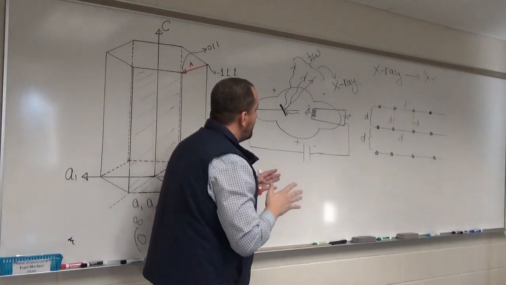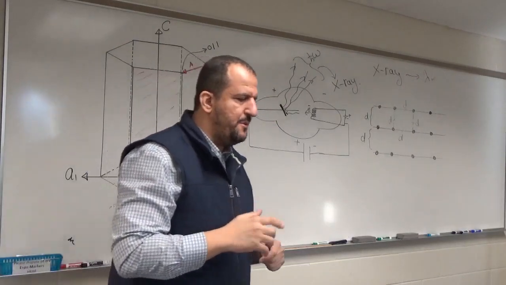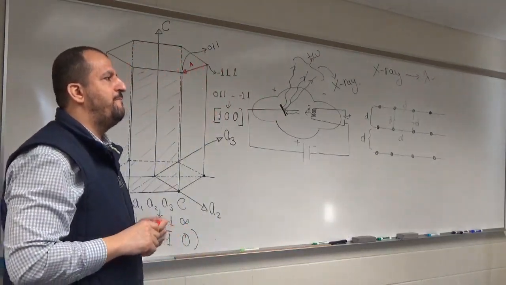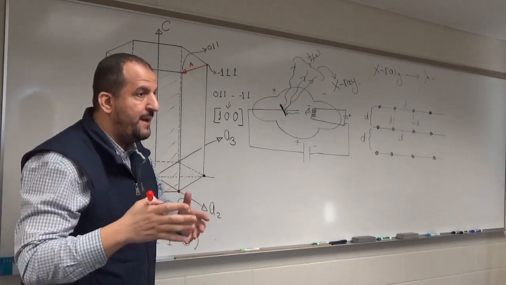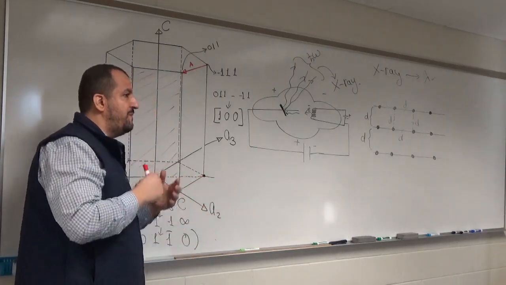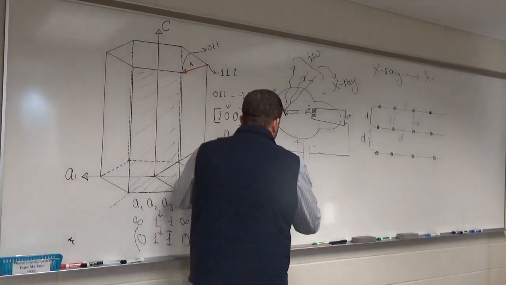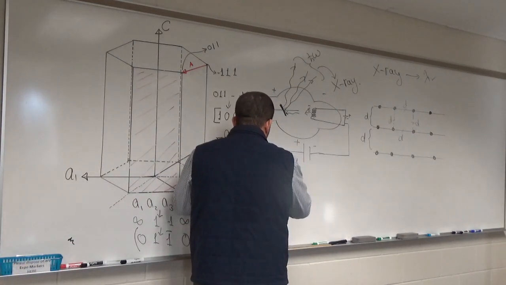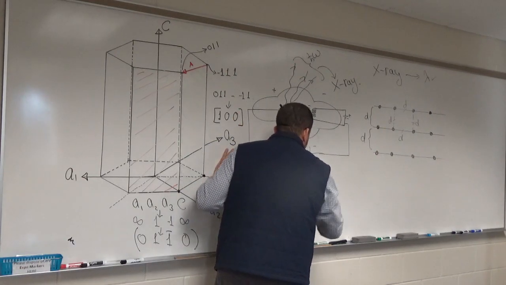Before I explain that to you guys, it's a good idea to explain what we mean if we have two waves in phase and two waves out of phase. What does that mean? Normally when we draw the wave, we draw it like this.